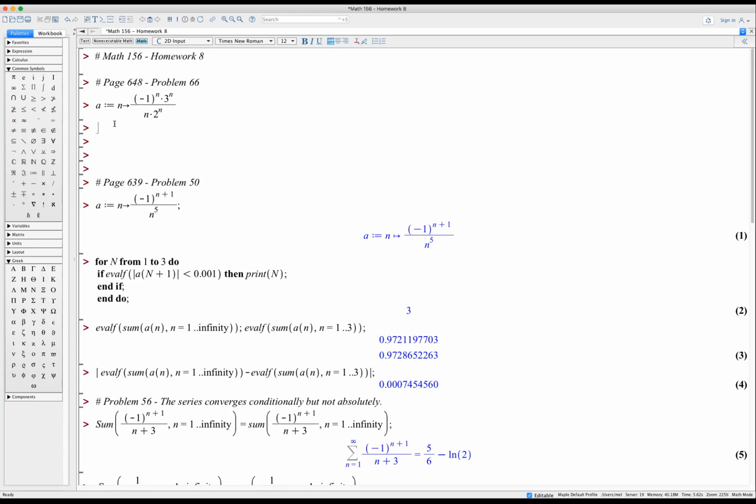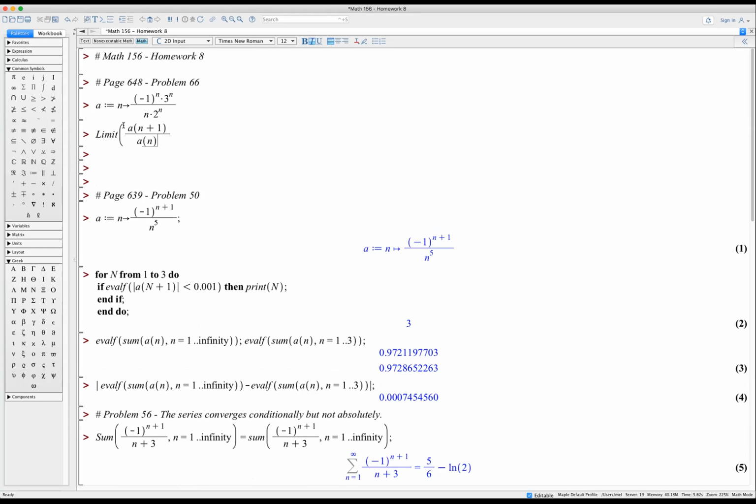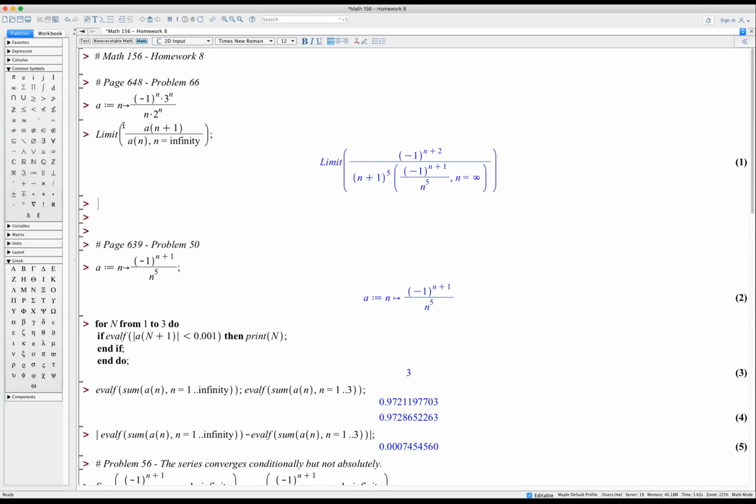And for example, the ratio test says that if you have a series and the ratio of successive terms is greater than 1 or goes to infinity, then the series diverges. So I want to take the limit of a of n plus 1 divided by a of n as n goes to infinity, right?